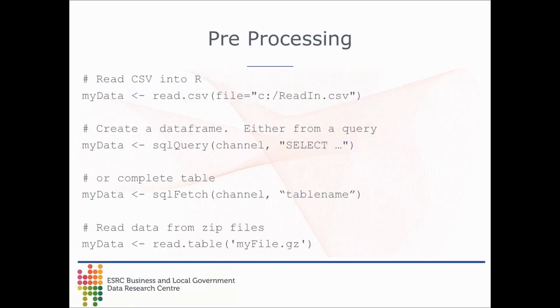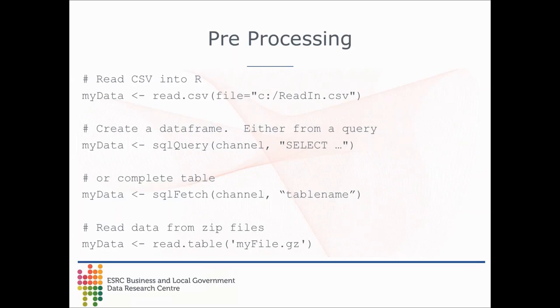So, to start with, what about pre-processing? When we talk about data mining, the first thing we've got to do is get the data into a format that we can deal with. And within R, this is in effect the data frame.